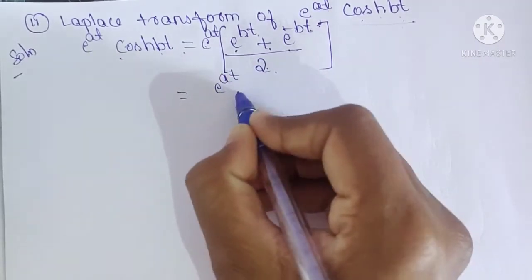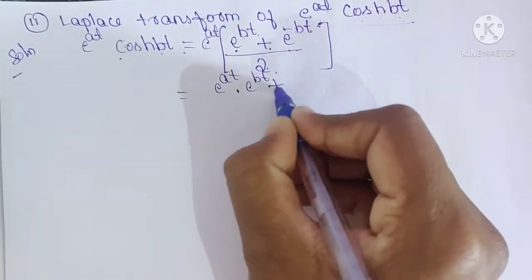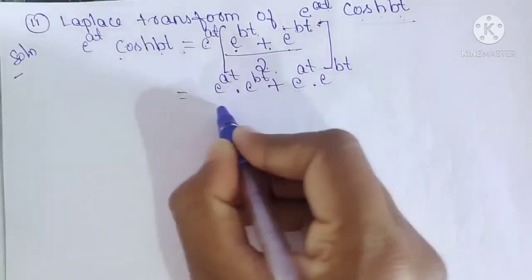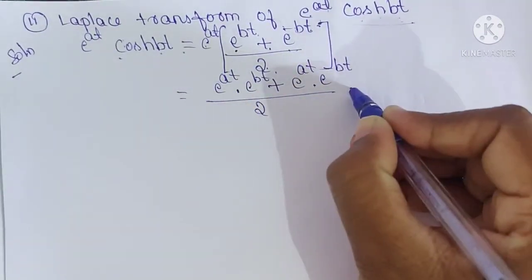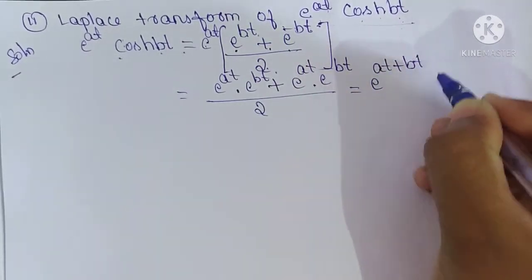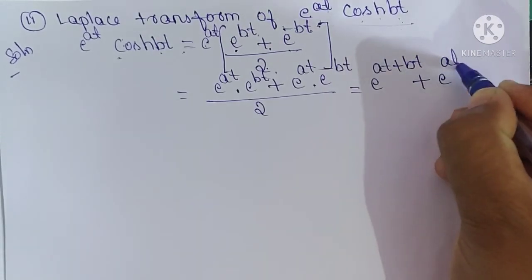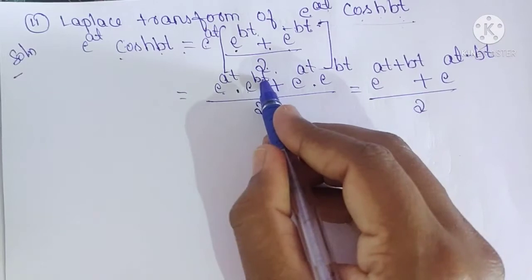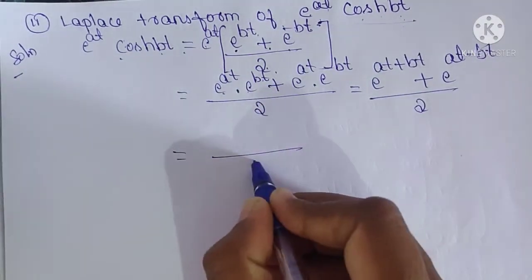E power at into e power bt plus e power at into e power minus bt, divided by 2. This can be written as e power at plus bt plus e power at minus bt, divided by 2. If the base is the same, we can add powers. Here 1 by 2 as it is.